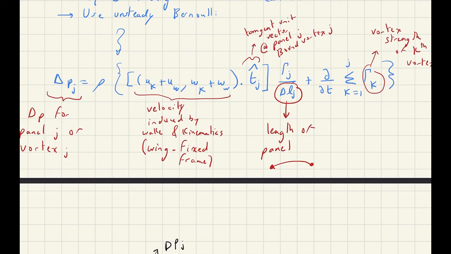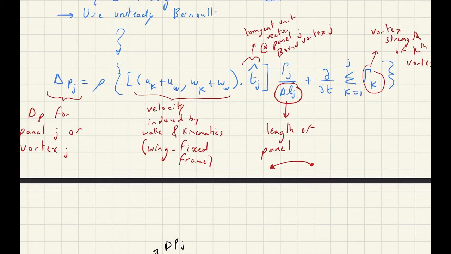That means that for this delta Pj here, you find the velocity induced at that point, and then you dot product it with the unit tangent vector at vortex J. You multiply that by the vortex strength and delta Lj.